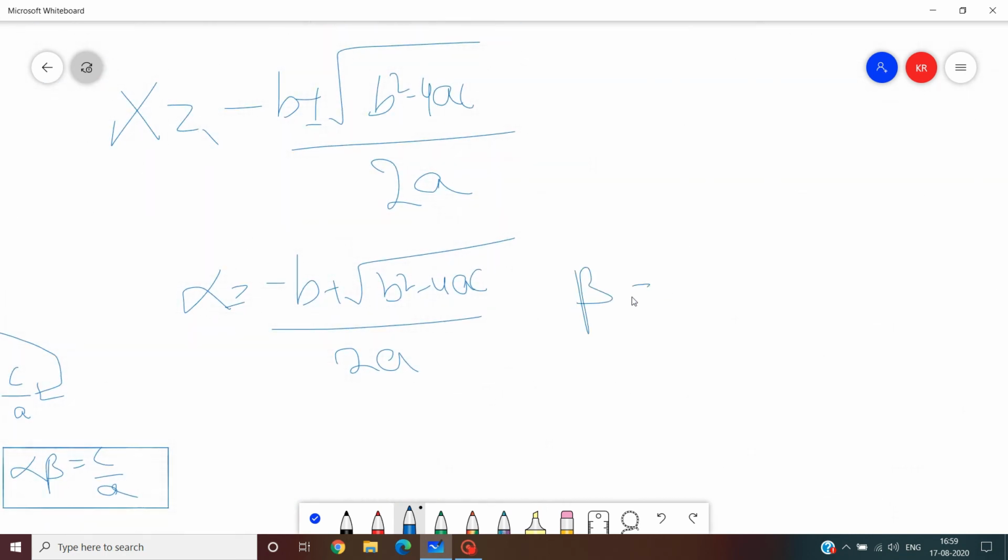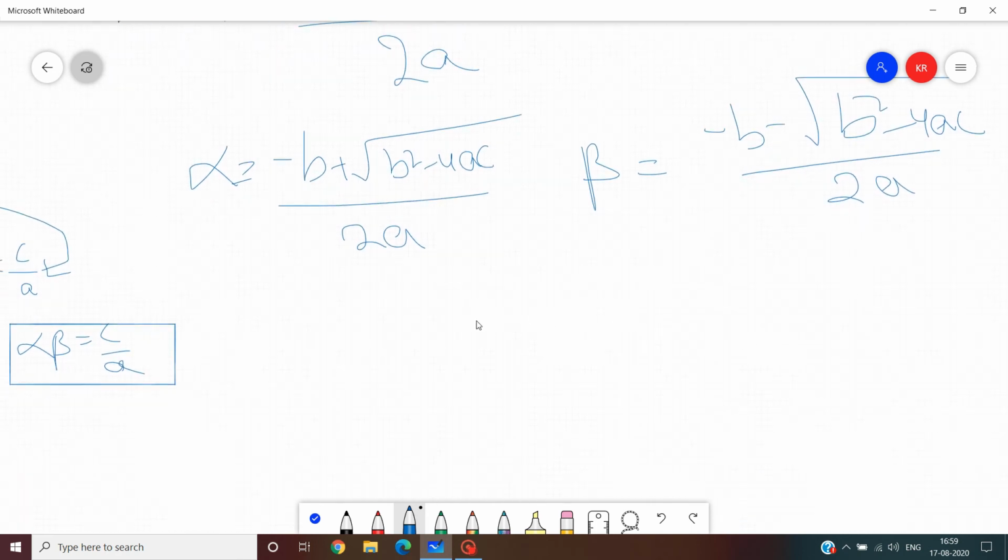So then beta will be minus b minus root over b square minus 4ac divided by 2a. So now again we'll do the same operations. Alpha plus beta is equal to minus b plus root over b square.